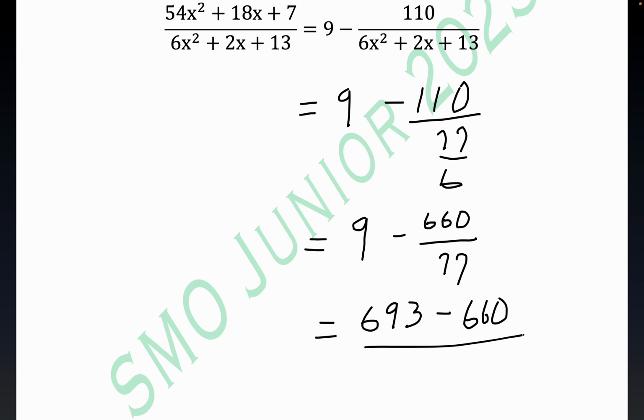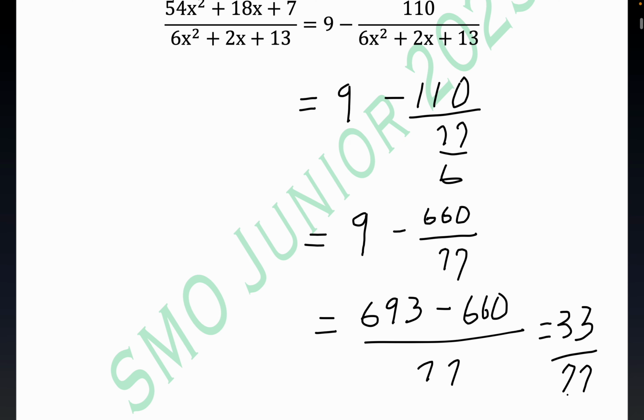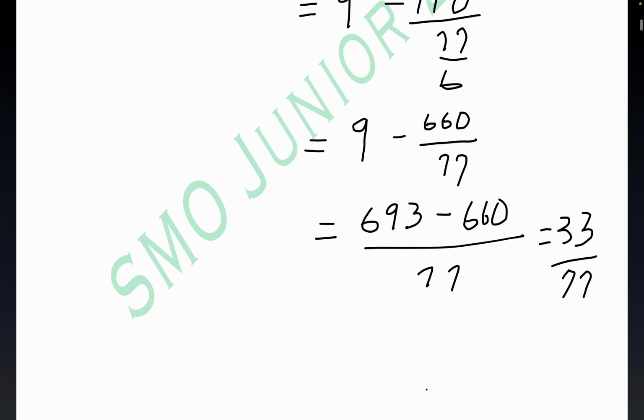And that is equal to 33 over 77. We're almost done. Can you hear the drums rolling? 33 over 77, and then 33 and 77 have a common factor of 11. So that minimum value is going to be 3 over 7.